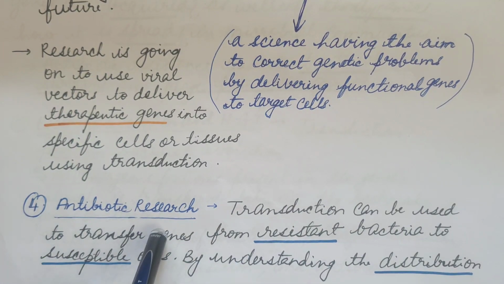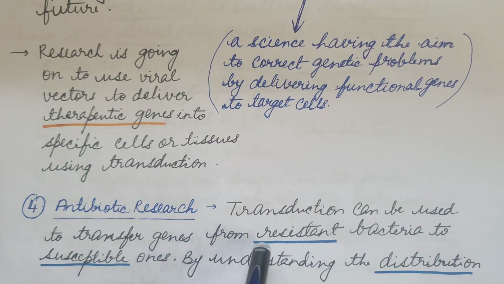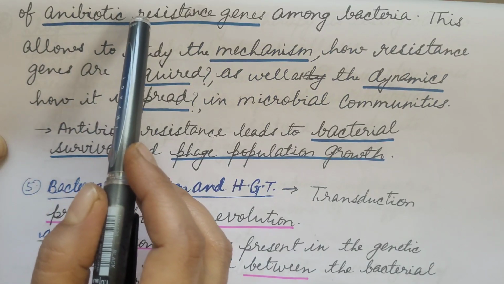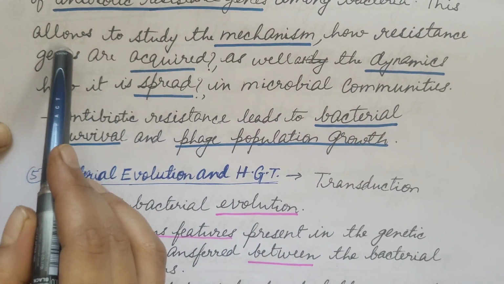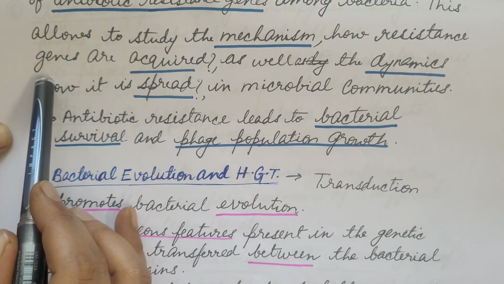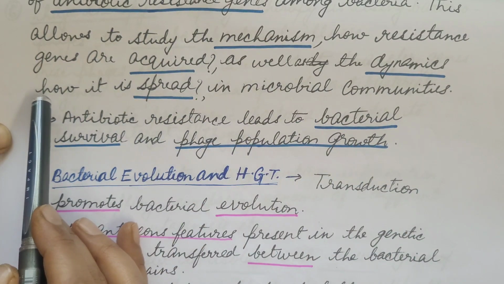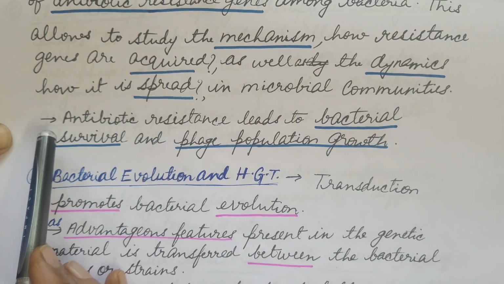Fourth is antibiotic research. Transduction can be used to transfer genes from resistant bacteria to susceptible ones. By understanding the distribution of antibiotic resistance genes among bacteria, this allows us to study the mechanism of how resistance genes are acquired, as well as the dynamics of how they spread in microbial communities.